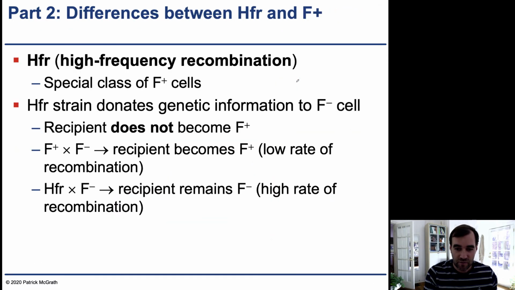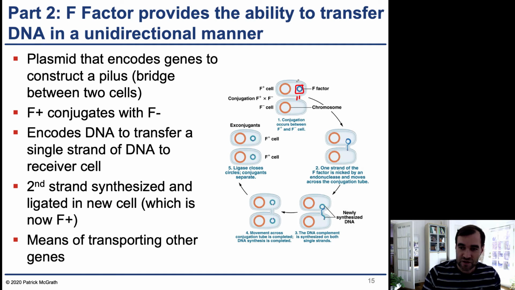A bacteria cell will actually have multiple pili sticking out. These pili are all constructed out of unique proteins, and a large number of proteins go into building this pilus. So this plasmid contains the genetic instructions for all of that.